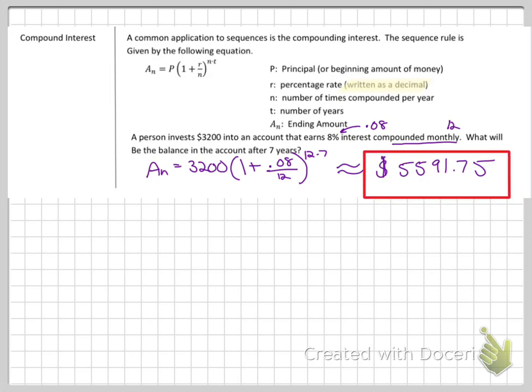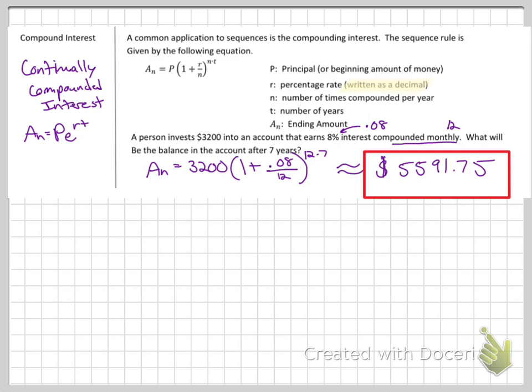Also, one that you might see come up, especially in like an economics class, is continually compounded interest. The equation for that is P E to the RT. So a lot of people call this PERT.